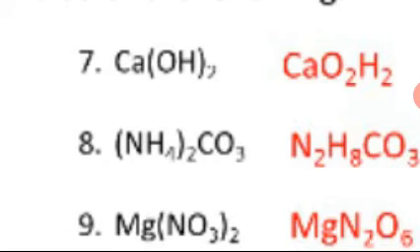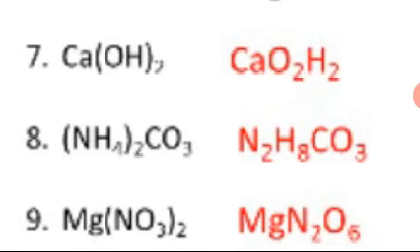(NH4)2CO3, ammonium carbonate. This 2 multiplied by N, so N2, 2 multiplied by 4 becomes H8, and 1 carbon, O3. Can you divide it? No, because they are not multiples. So if they are multiples, they can undergo division.